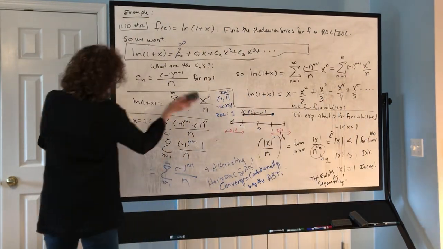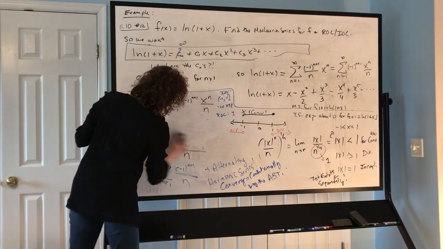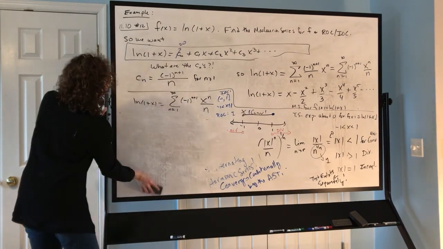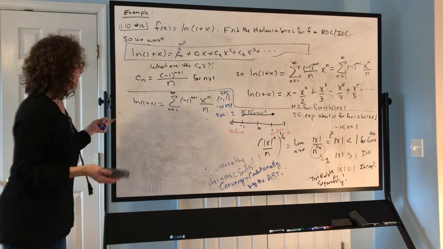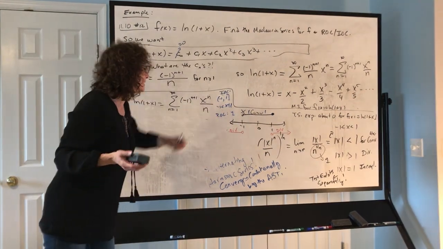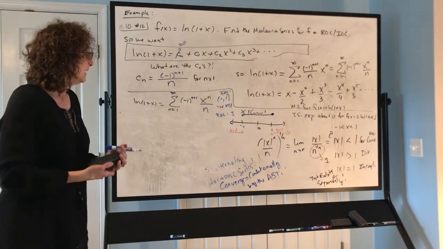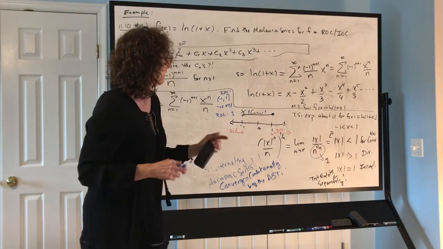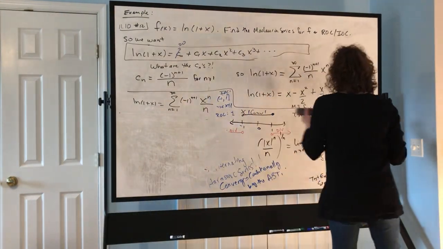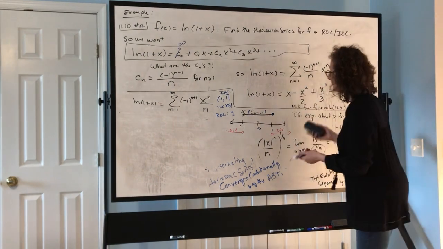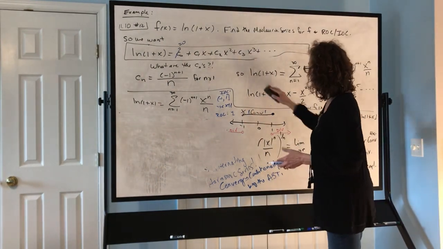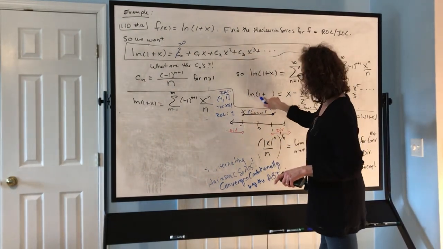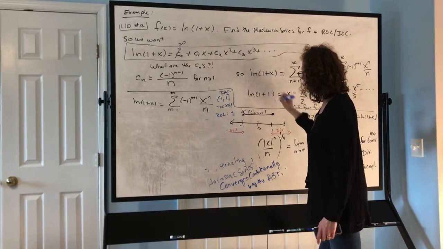All right, how do we use that? As long as we're within the radius of convergence, like when x is 1, then we could, for example, say, what if I replace x with 1 in the natural log of 1 plus x? I'm in the interval of convergence.